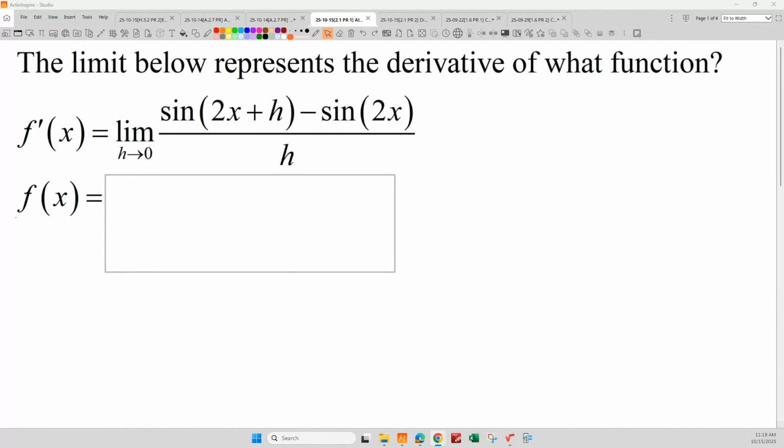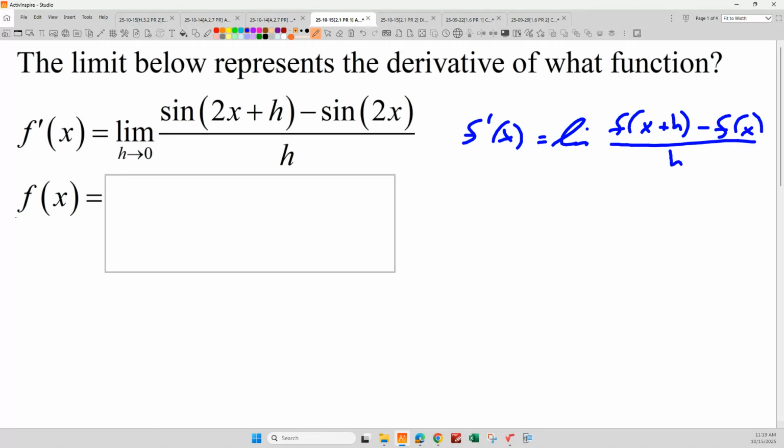It might be helpful to remind ourselves what the limit definition of a derivative is. You tell me. Okay, so what's the function?